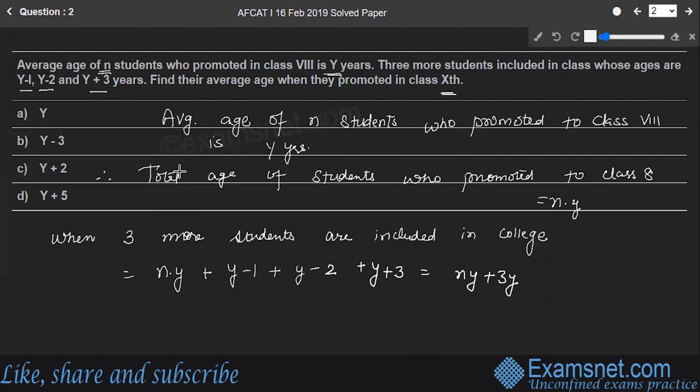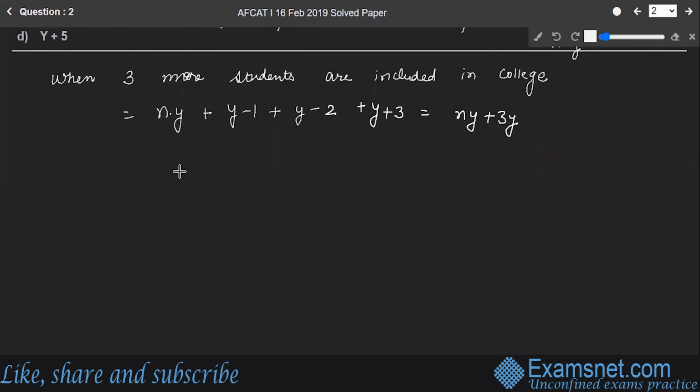So after it will take 2 years, right, to get promoted into class 10. So after 2 years, when they are in class 10, what is the total age?